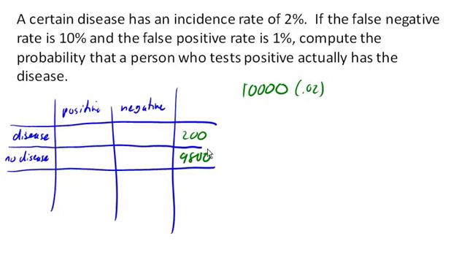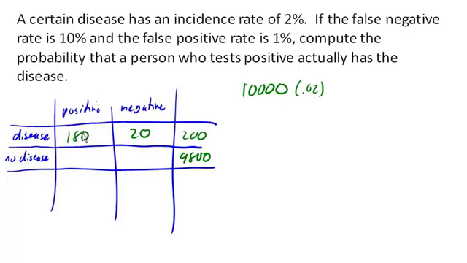Now, we have a false negative rate of 10%, and that tells us that 10% of these 200 are going to incorrectly test negative. Meanwhile, the other 180 will correctly test positive.